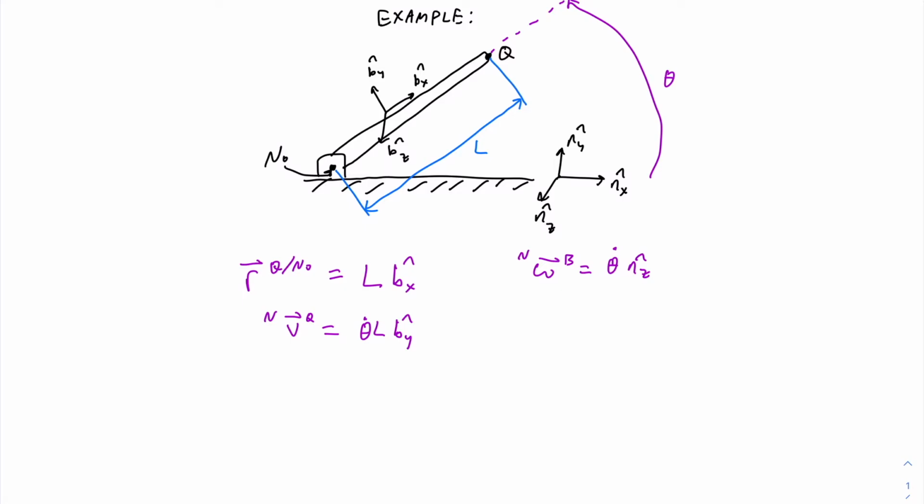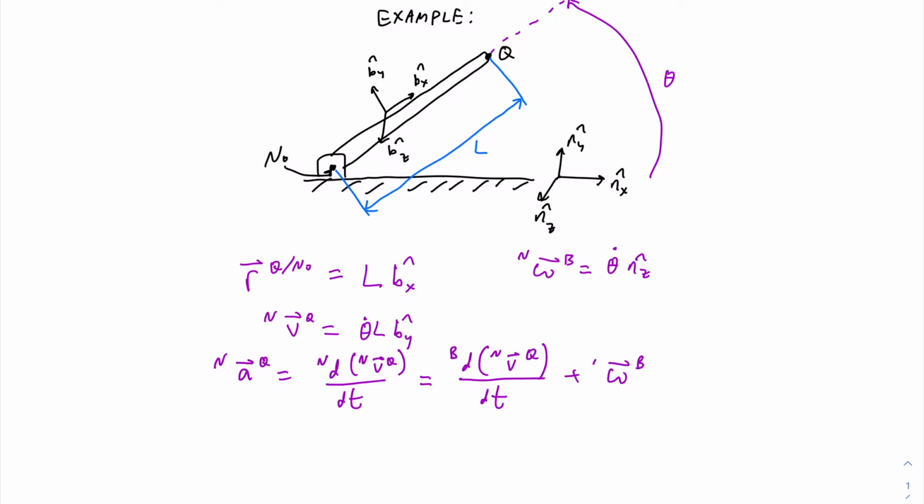The acceleration of point Q in reference frame N is equal to the time derivative in reference frame N of the velocity vector. Again, we can use the golden rule of vector differentiation here because the velocity vector is represented in B. This gives us the second derivative of theta times L by plus the angular velocity cross product with the velocity vector.